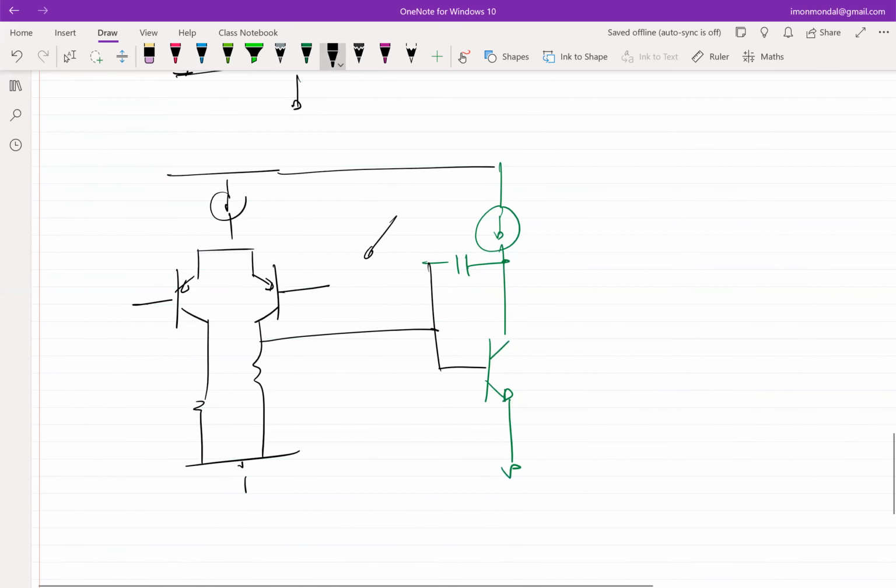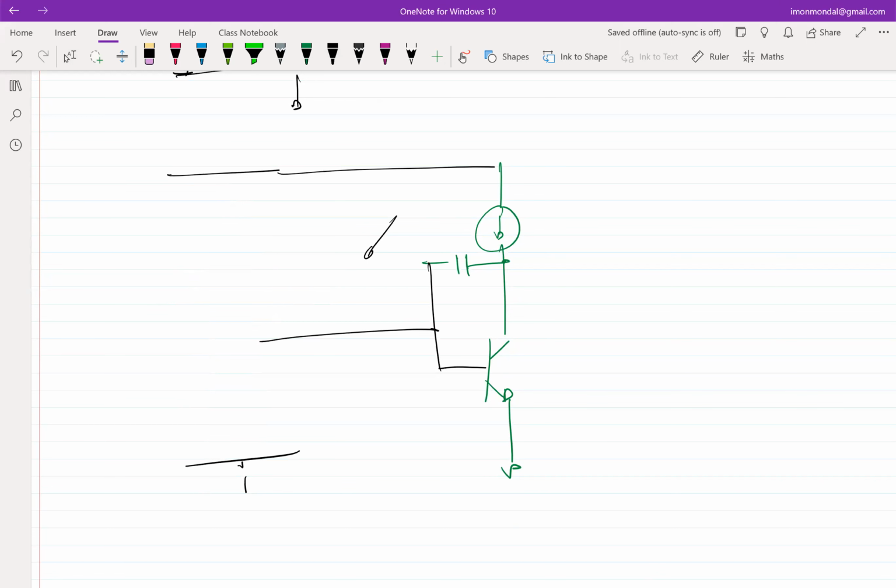So what people came up with was the idea that we'll have to use NPN in both cases. That is not negotiable. But we want to ensure that the biasings are fine. So what if we do this? We get rid of the current source from the top, and let's say it is connected to VDD, and we use NPN. But now, looking into the emitter, you cannot connect it here because your impedance is quite low. So what we do is put a current buffer.